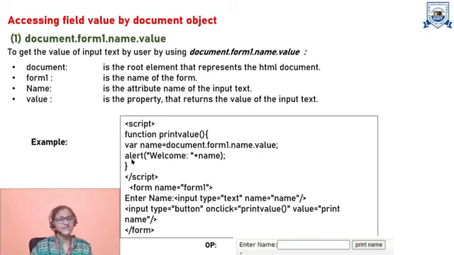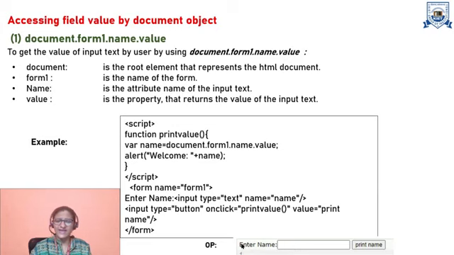And with the help of this alert window, it will display the message welcome along with the value which was retrieved with this statement. Okay, so we close our function, and when we execute, there will be a text box.